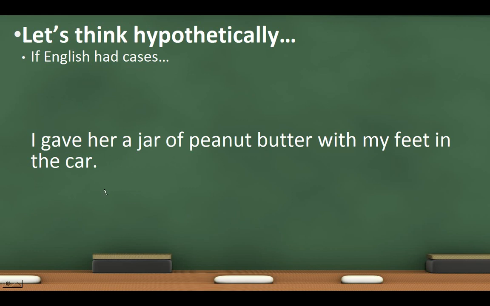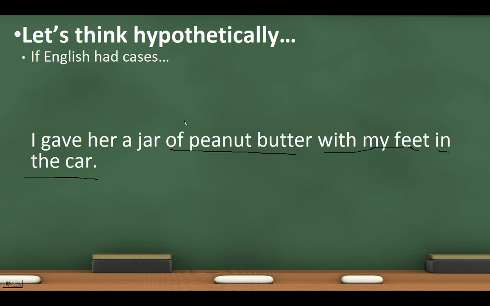So what I want you to do is find the subject, the direct object, the indirect object, something with of, and then how something happens, and where something happens. Now, of course, the of is easy, the with something is easy, and where something happens is easy.